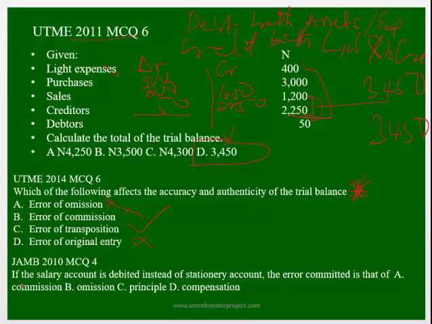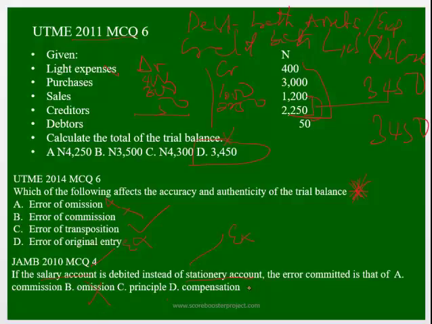Now, the examiner also asks us: if the salary account, an expense account, is debited instead of the stationery account, stationery account is also an expense account, the error committed is that of what? Error of commission. Omission means no entry.